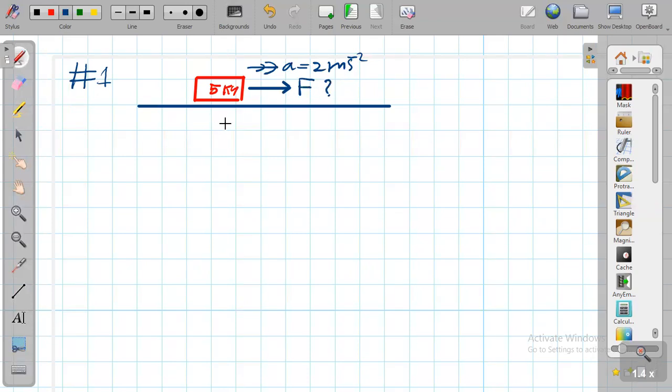Find out the force required to produce this acceleration.